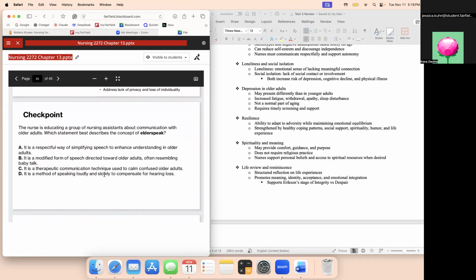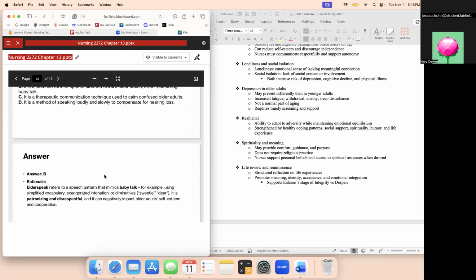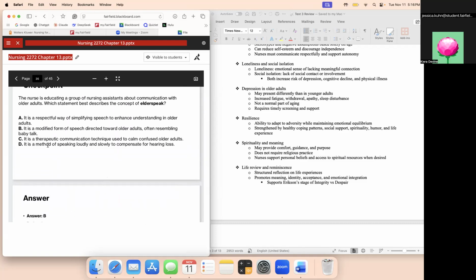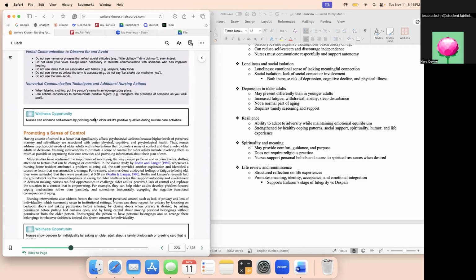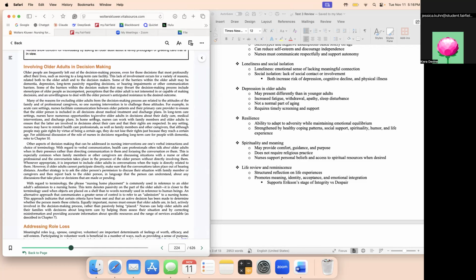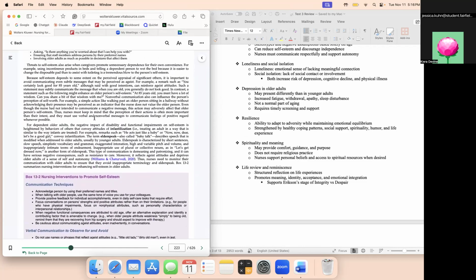And here's another checkpoint. A modified form of speech directed toward older adults resembling baby talk. You'll have to go through what she said in class because I don't really know what she means by that.